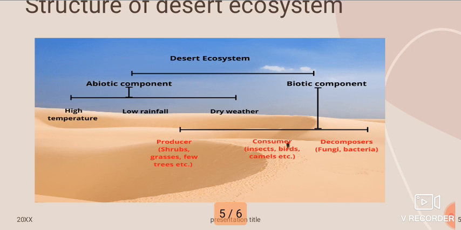On consumers, we have insects and birds, which depend on producers. On their own, they can't make their own food, but they depend on producers. Lastly, decomposers, we have fungi and bacteria.